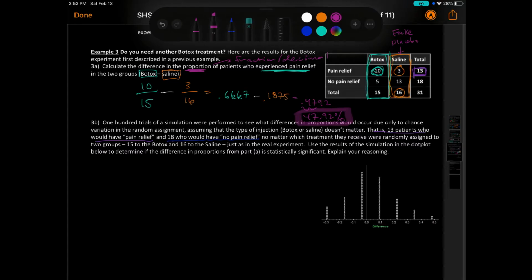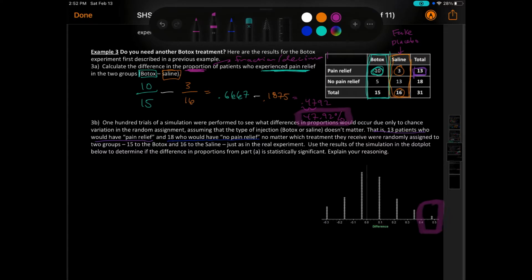Okay, so then you're going to look on your graph over here on the simulation. Remember, each dot, they ran a simulation. And then the question is, how many times do you have anything higher than 0.4792? How many is that? That's just 2.